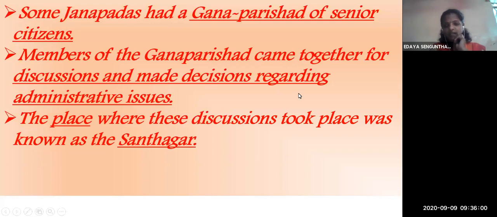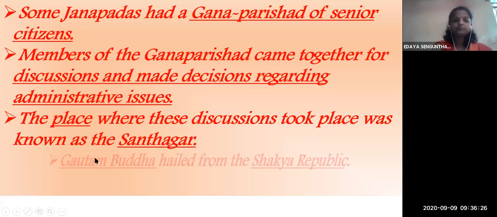Santagar. Very good. So the place where the discussion took place was known as Santagar, and Gana Parishad means senior citizens of the Janapadas came together to discuss and take decisions on administrative issues.